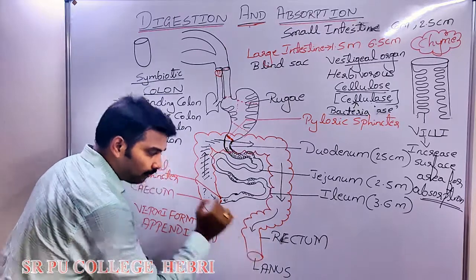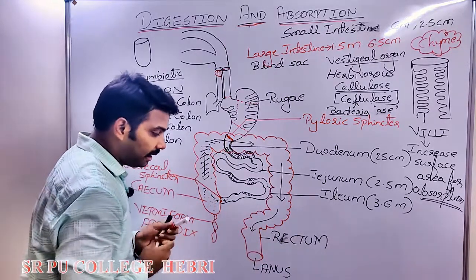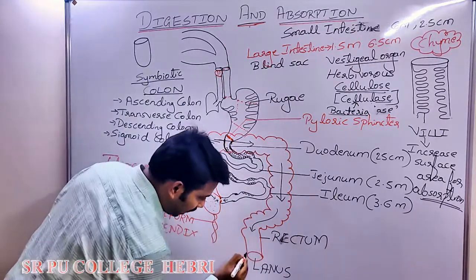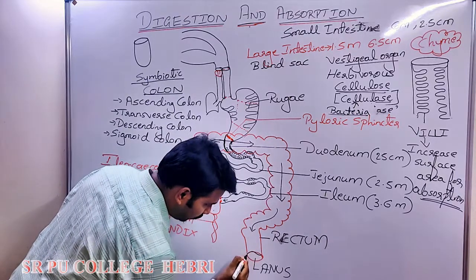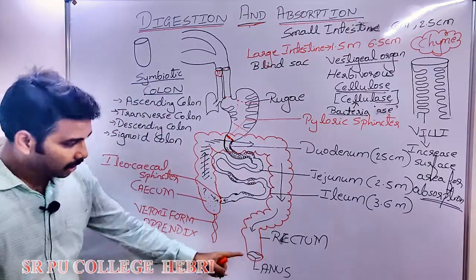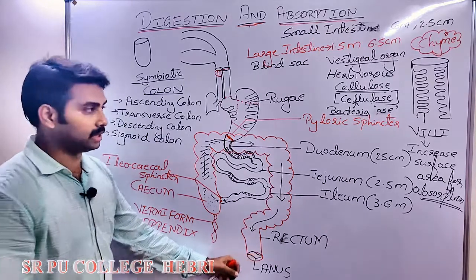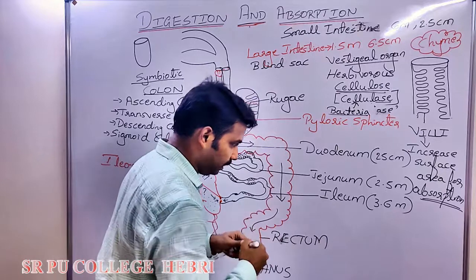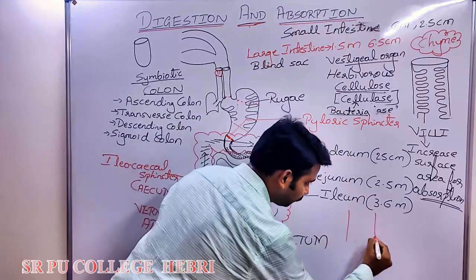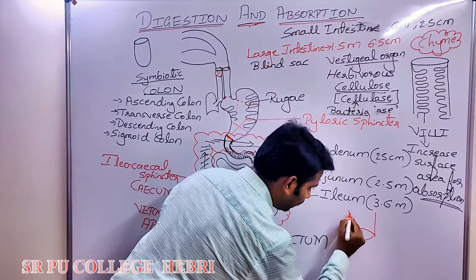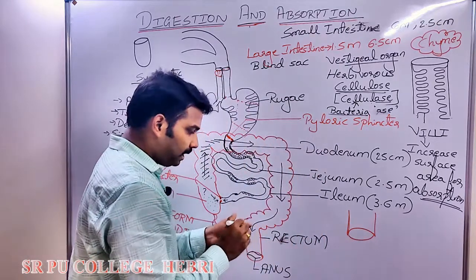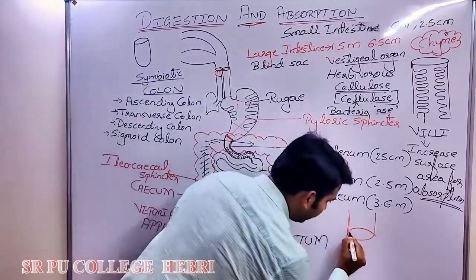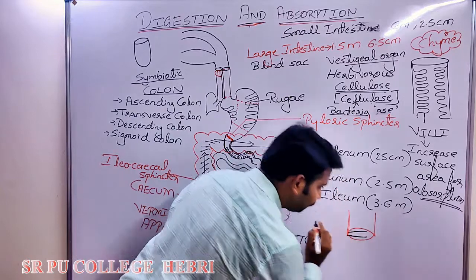Okay, very important point. The opening of the anus is guarded by 2 sphincters. I will go with a rough sketch. This is 1, this is 2. I will draw once again here, very simple. Imagine this is the last part, the anus. The opening of the anus is guarded by how many sphincters? 2.